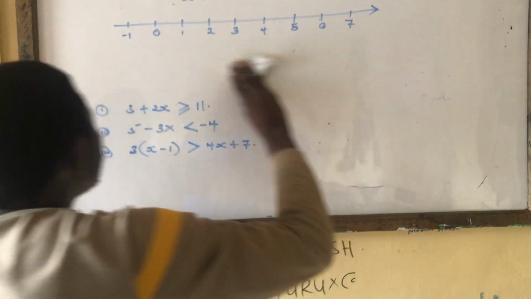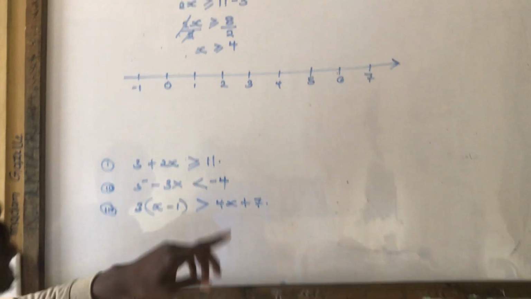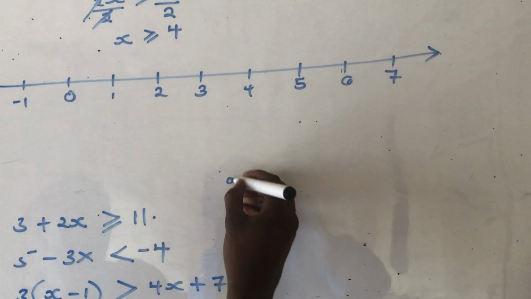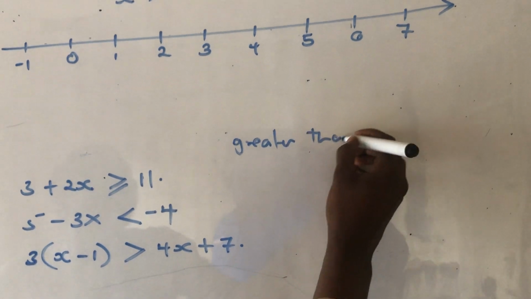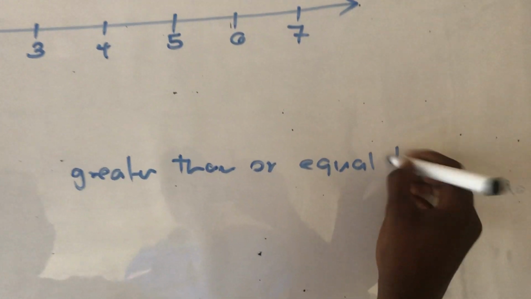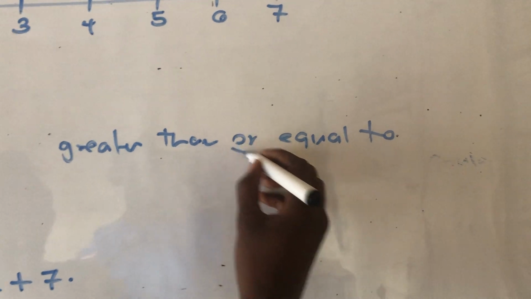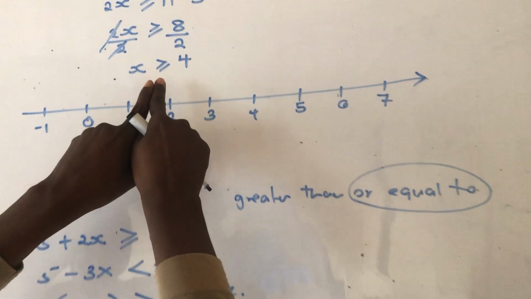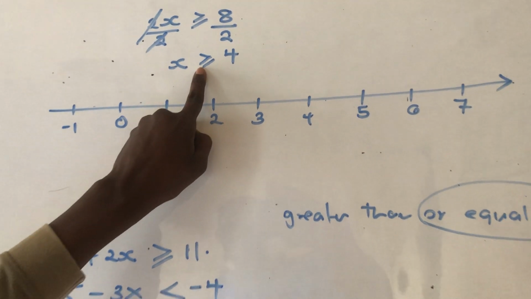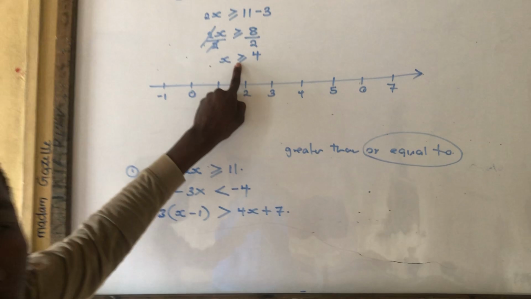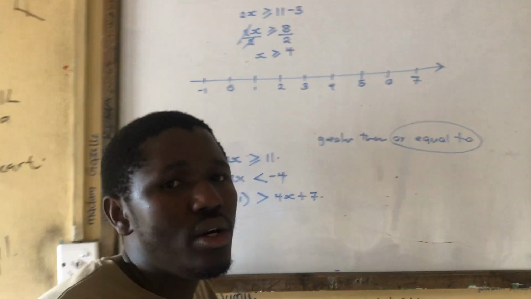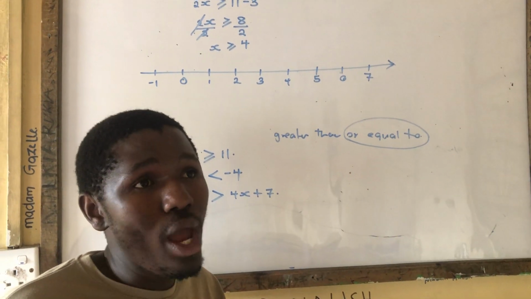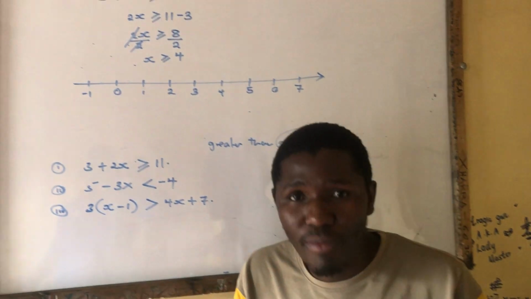Do remember, we mentioned already that when the inequality symbol is greater than or equal to, the focus is on the words or equal to. It means the inequality symbol is allowing me to consider 4 as one of the possible integral values of x.